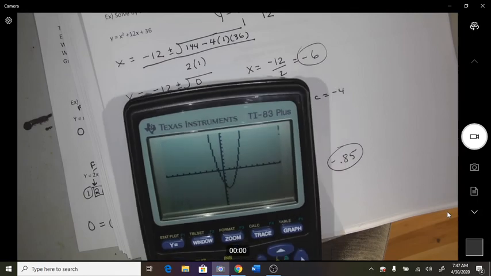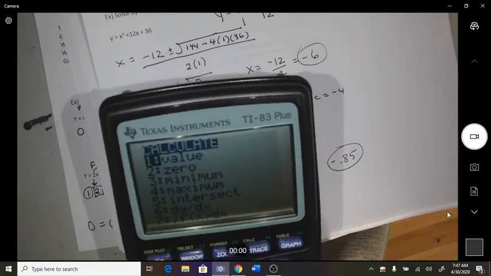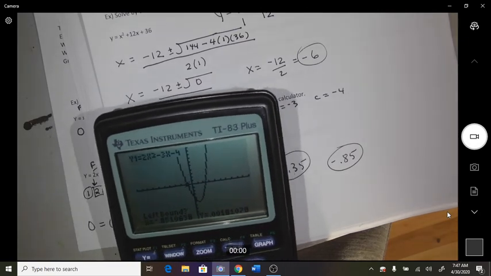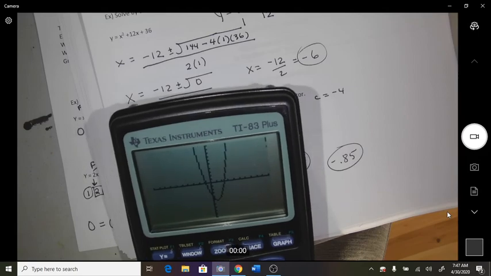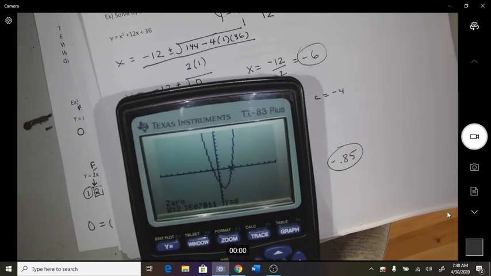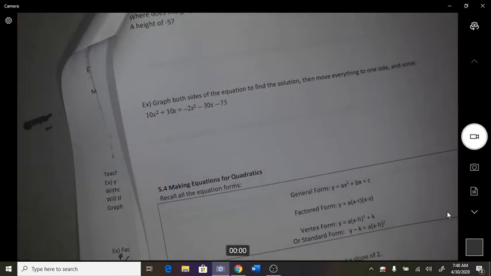It's between there, -0.85. And for the other one, I'm thinking it's between 2 and 3. Let's check it out. 2.35. Okay, that's it.